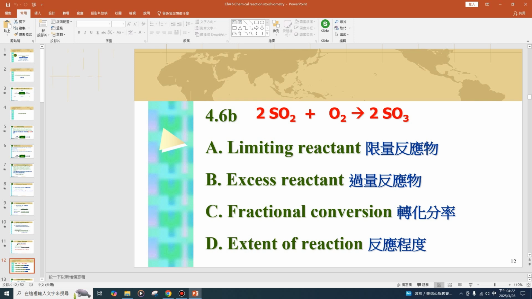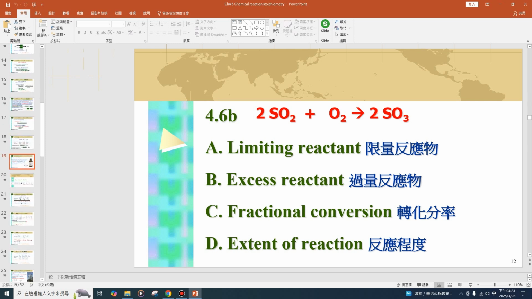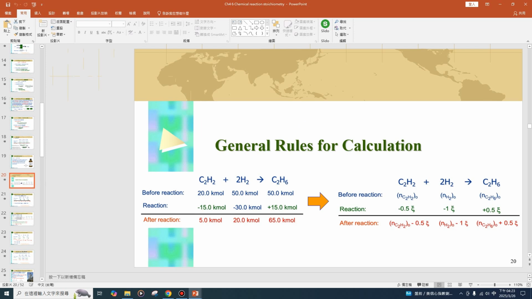Excess reactant normally is cheap. So that's why you want to learn that. In the case of this reaction, O2 will be the excess reactant, right? Because you can use air instead of oxygen, okay? And air is free, right? Okay, so that's it.